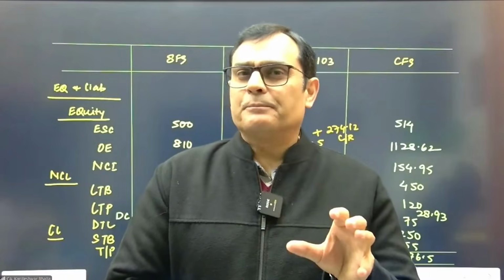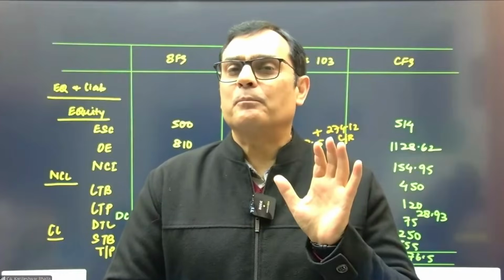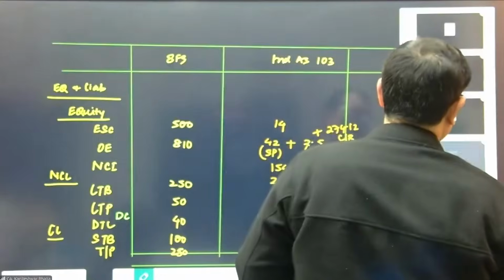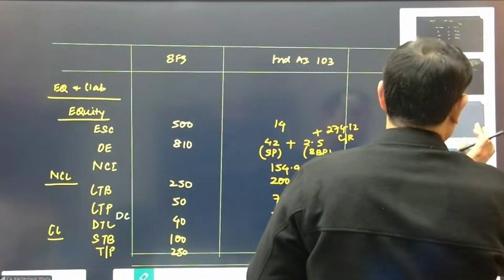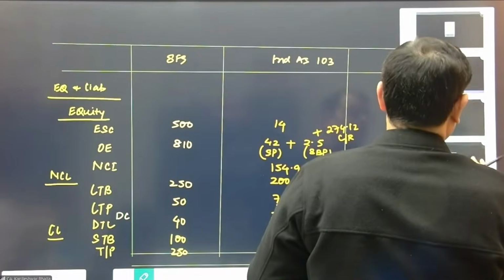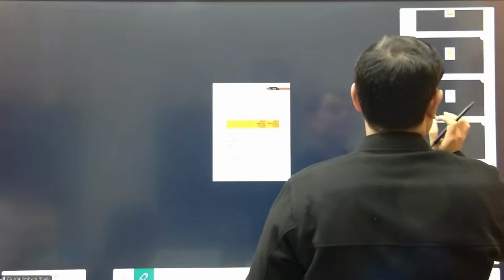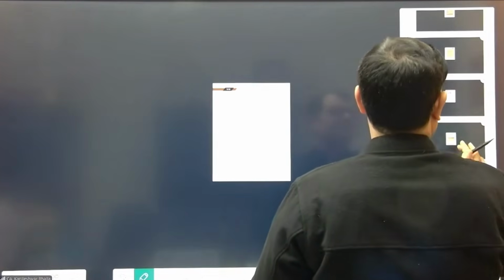So how do you tackle the purchase consideration in a reverse acquisition? That I'll explain with a practical illustration itself. So let's go to the study material. And there is another question, given at the back, which is dealing with the concept of reverse acquisition. Yes. So let's have a look at this.